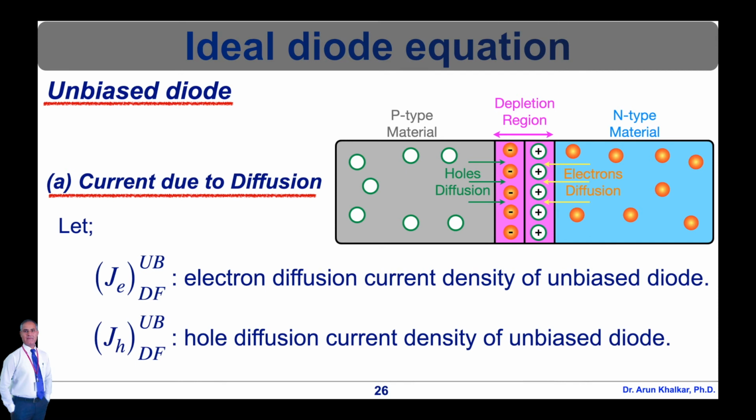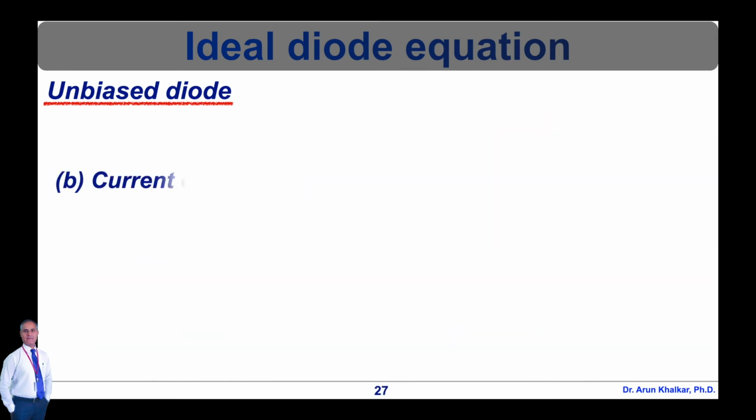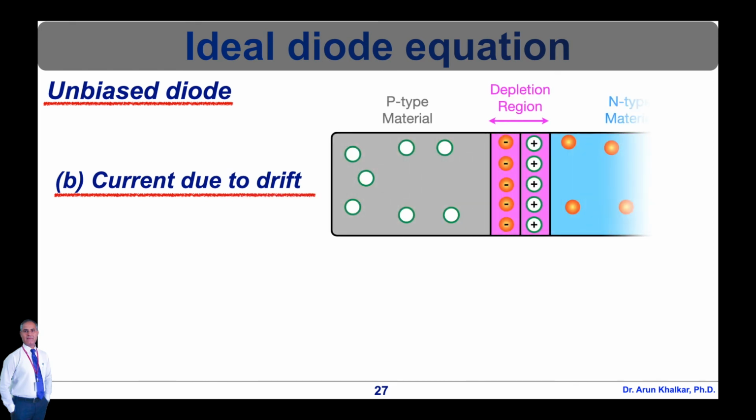for unbiased diode. In second case, the current due to drift: due to the potential barrier, electrons reaching the edge of the junction on P side are accelerated by the electric field into N region, and similarly, holes reaching the edge of the junction on N side are accelerated into P region.